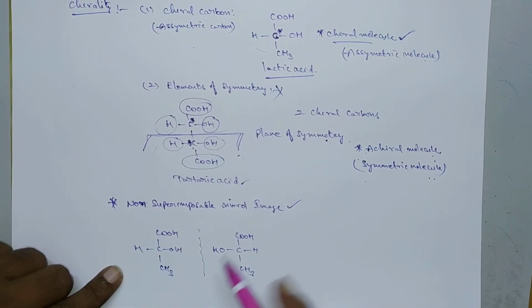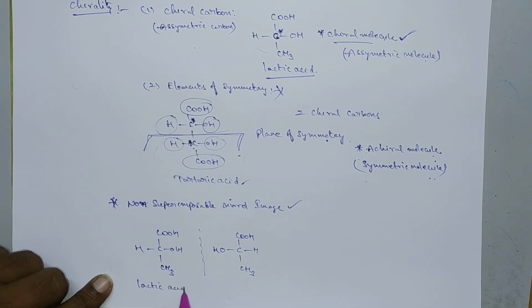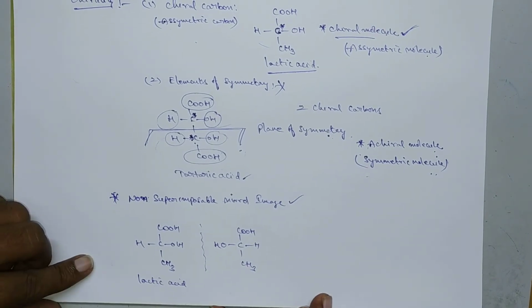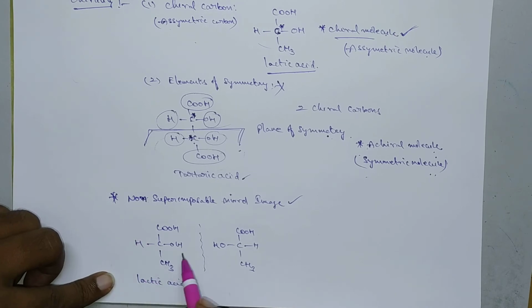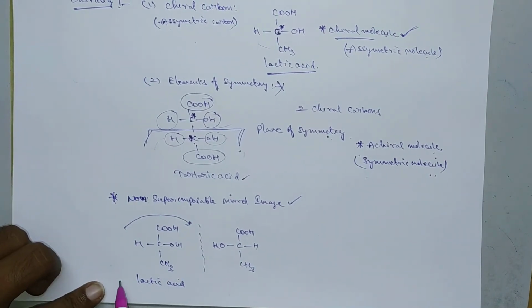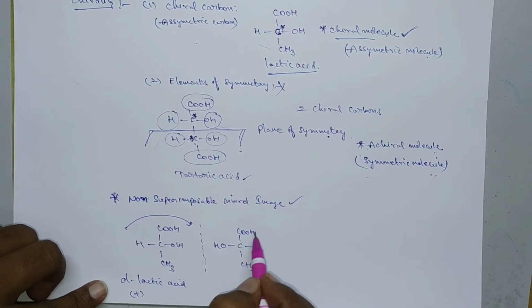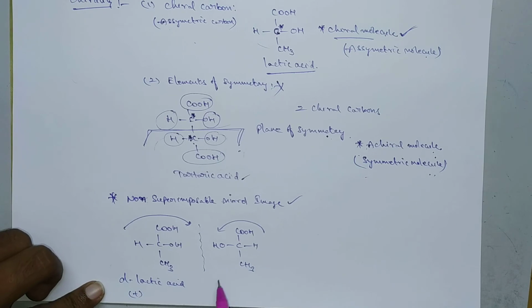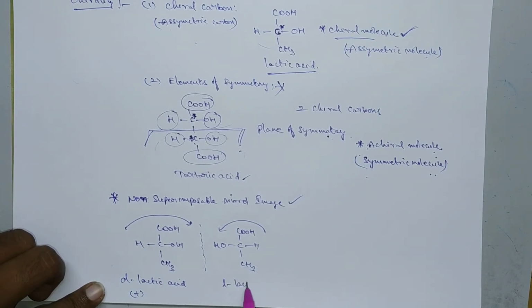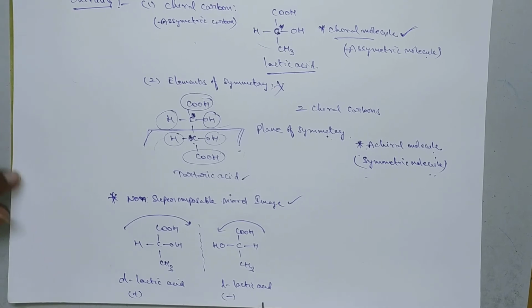So that's why this lactic acid exhibits optical isomerism. This lactic acid rotates the plane polarized light towards the right. So that's why it is called D-lactic acid or plus lactic acid. This rotates in the anti-clockwise direction. That's why it is called L-lactic acid or minus lactic acid.